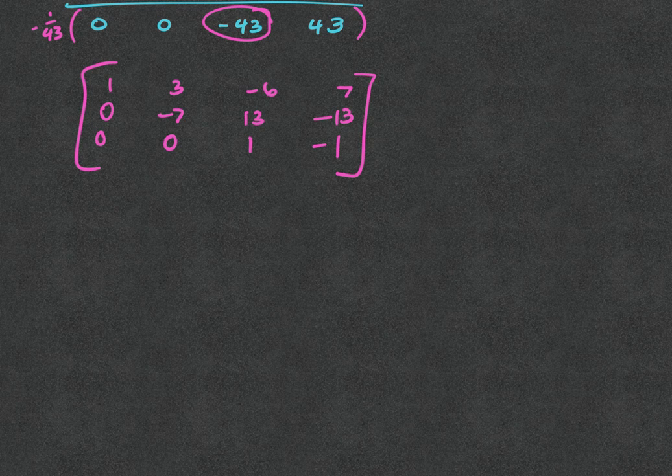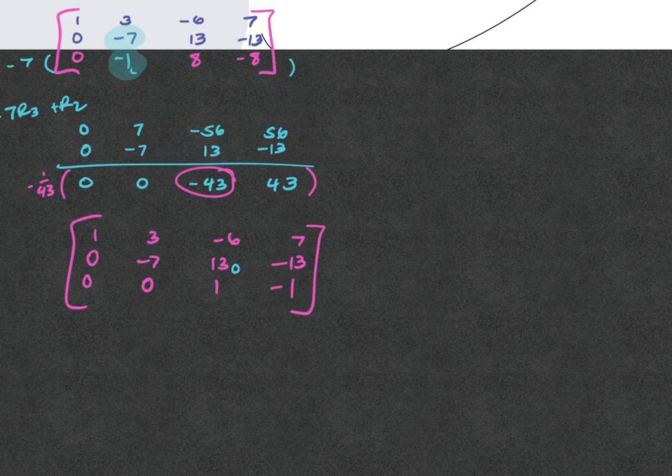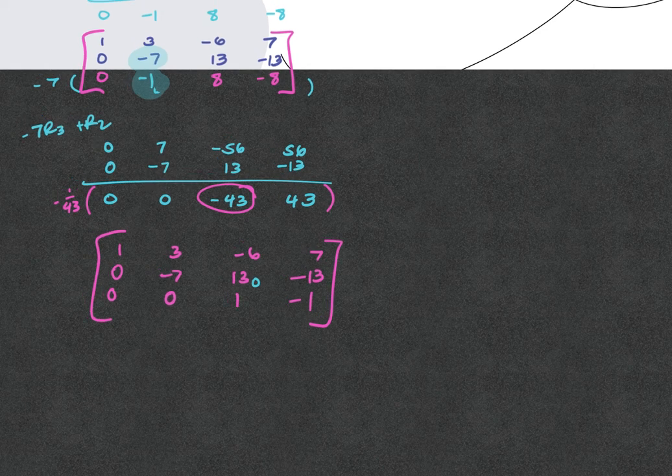All right, so my bottom row is done. And what is Z? -1. If that's not a whole number, you did something wrong. So now I want to get a 0 where the 13 is. Yep. To get that 0, I have to use row 3.